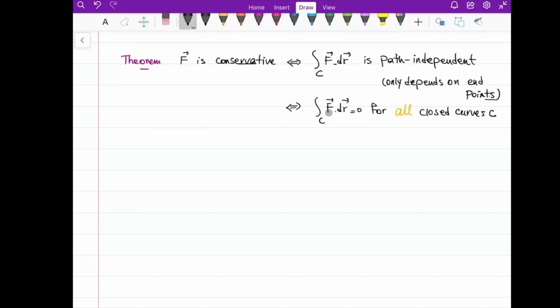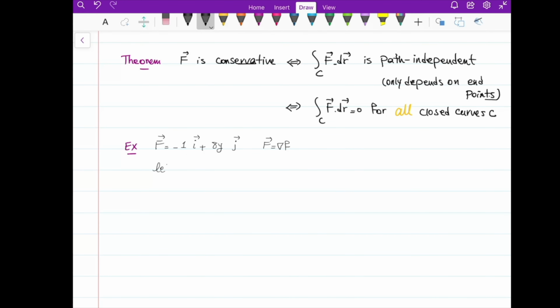Now let me give you one example so that you see these two properties. Example, let the vector field f be negative 1 i plus 8y j. Okay, is it conservative or not? Let's say, can I find a potential function f such that the gradient of that function is equal to the vector field f?